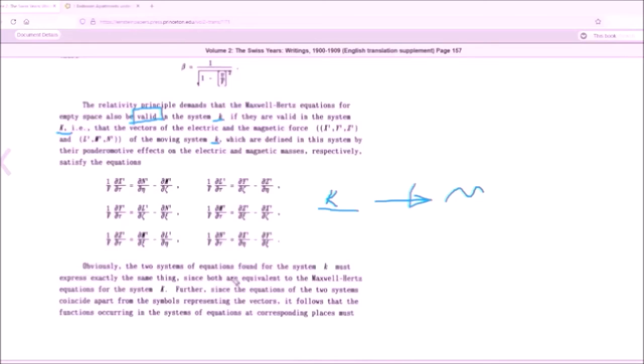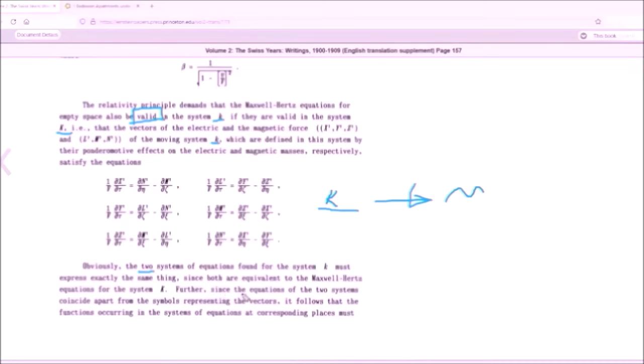Obviously, the two systems of equations, for the rest frame and the moving frame, must express exactly the same thing, since both are equivalent to the Maxwell-Hertz equations for the system capital K.